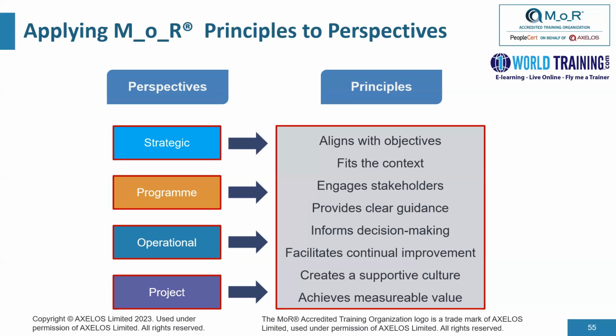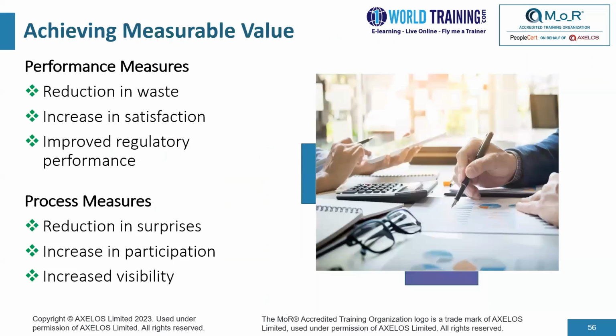Program risk management frameworks need to be constantly developed, along with making sure that there is a creative and a supportive culture to ultimately achieve the measurable value. We looked at, the last principle is all about achieving measurable value. It's all about making sure that the risk effort that we are putting in is yielding the needed value.